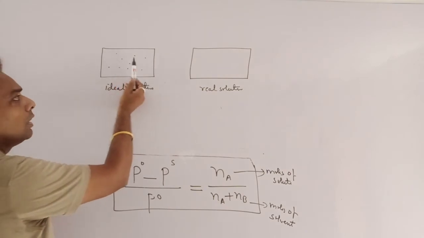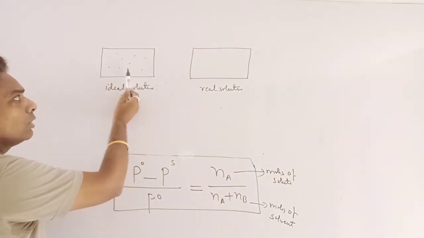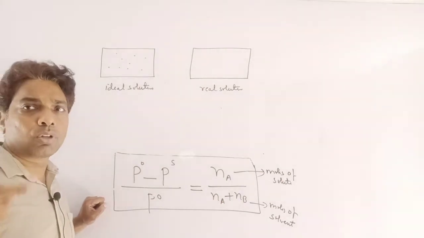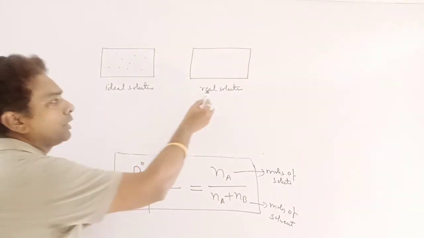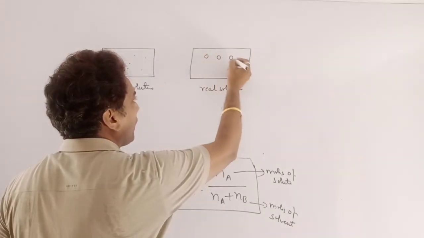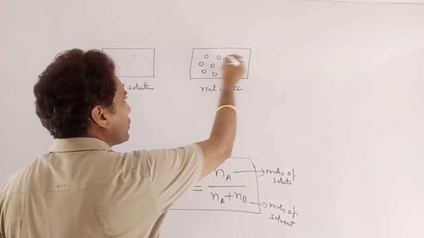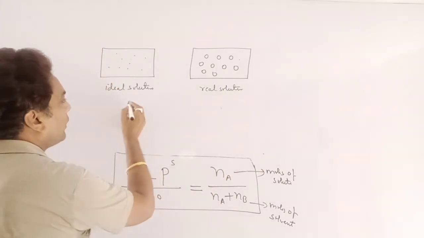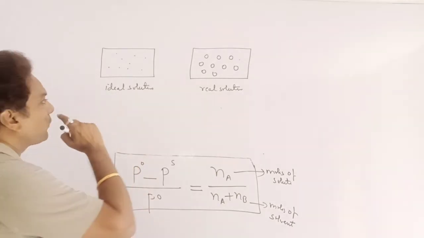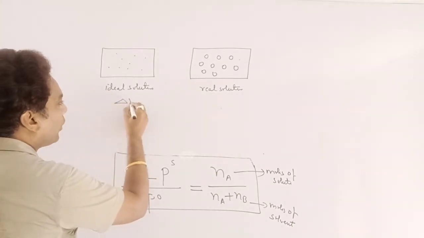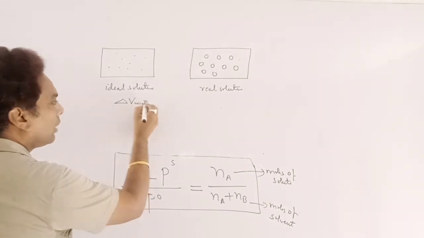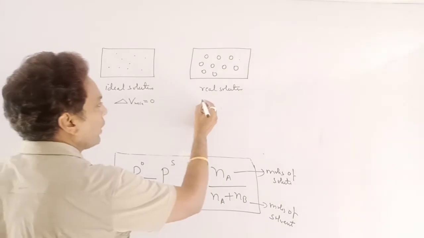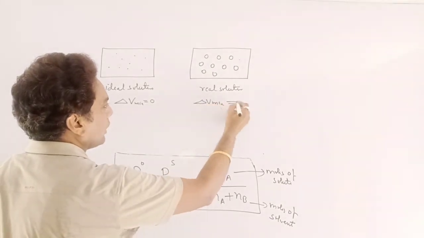We can see the particle size is very small, so the volume occupied by the solute particles is negligible with respect to the total volume occupied by the solution, while in the case of a real solution, the solute particle size is comparatively large. So in the case of an ideal solution, delta V mixing, the volume change before and after mixing, will be 0. But in the case of a real solution, due to the particle size, some volume will change, so delta V mixing is not equal to 0.